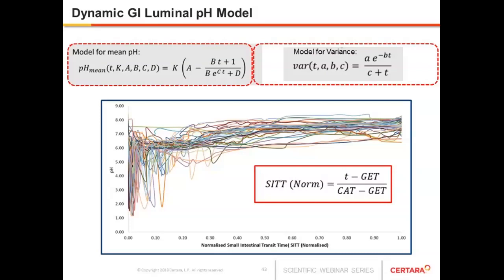This time-dependent variation in pH, with high variation in the proximal part, which may be due to the emptying of the stomach contents into the intestine, can be simulated within Simcyp as a part of the dynamic pH model. Till version 17 and before, we had a static model for pH, but from version 18 onwards, to handle the dynamic changes within the fed and fasted state, we have introduced this dynamic pH model.